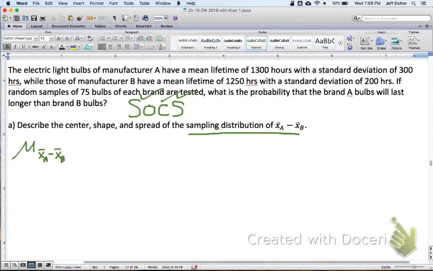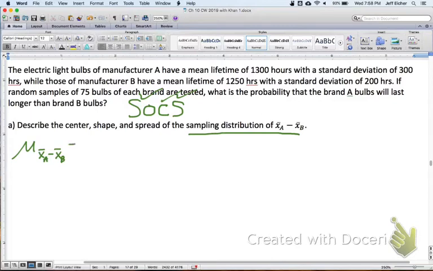This notation means if you took one sample from A and another sample from B, found the means, and subtracted them, that would be one of those differences, x bar A minus x bar B. If you did that repeatedly for a bunch of different samples, and then averaged all of those differences, that would be mu.